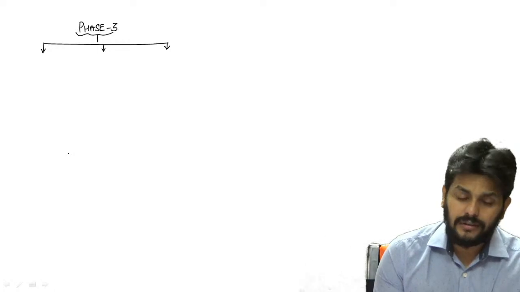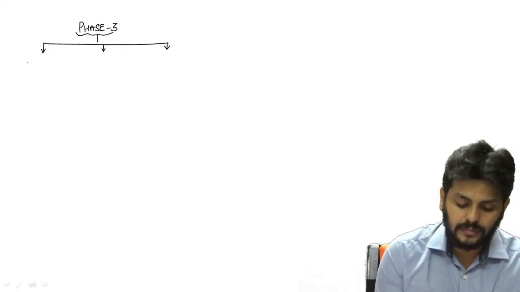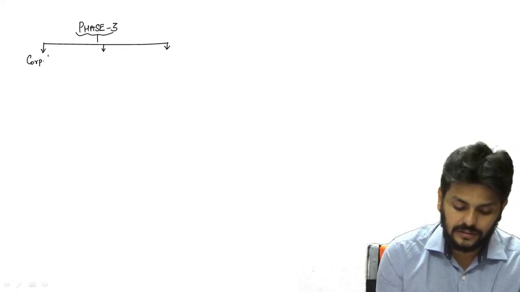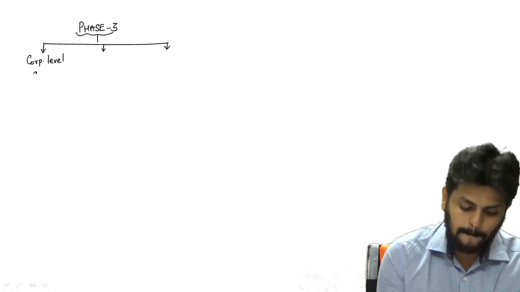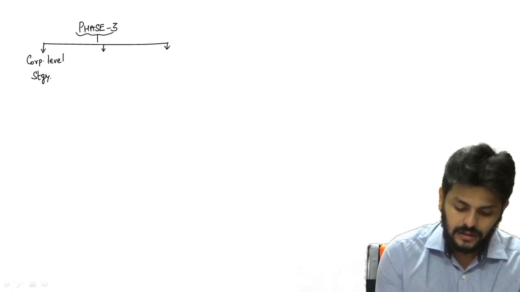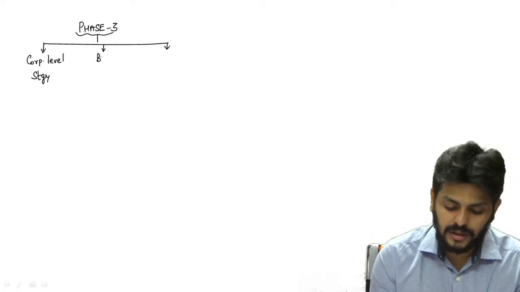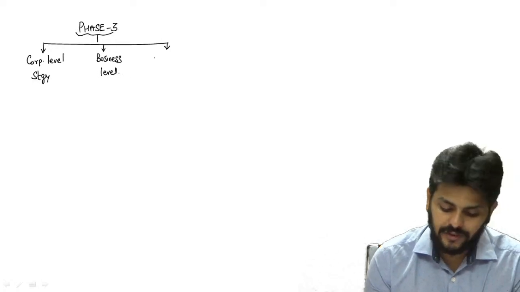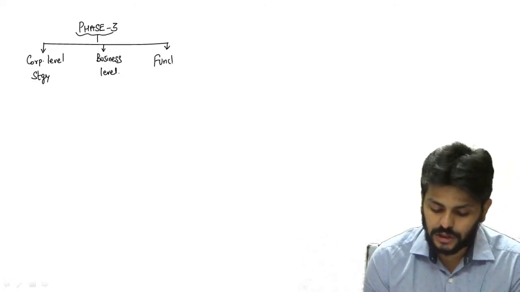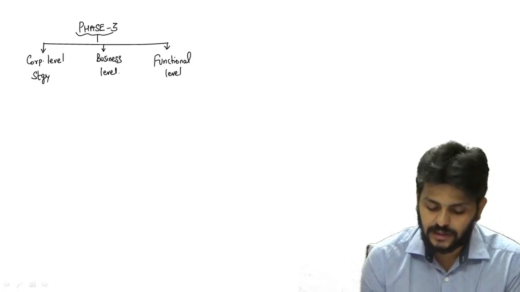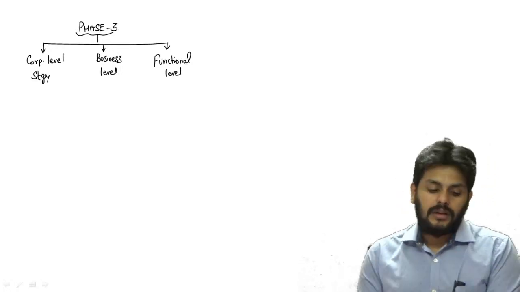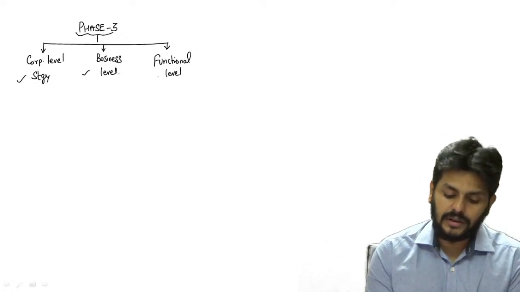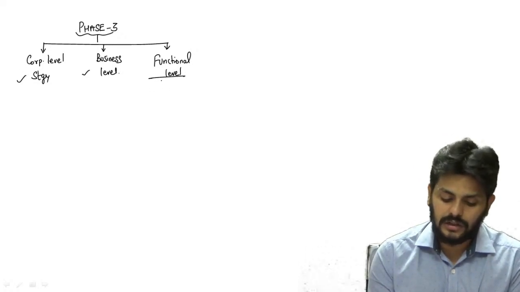We have already spoken about corporate level strategies, and we've already talked about business level. Phase 3 also talks about functional level. Now we've discussed the first two, and you're going to catch up with the functional level story here.